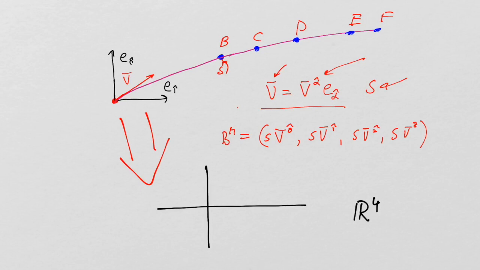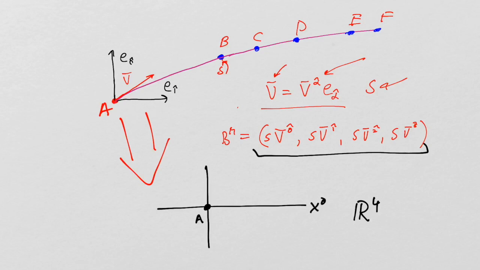So if I map these points I've drawn here, A, B, C, D, E, and F, into R4 using our manifold mapping, well, this is the coordinate mapping, right? Those coordinates are plotted in R4. And A will be here, right?